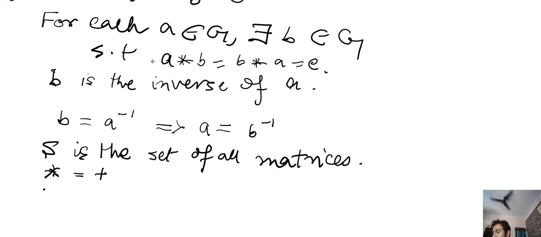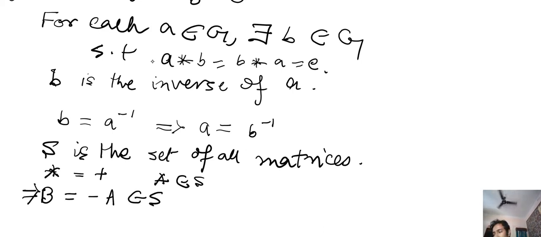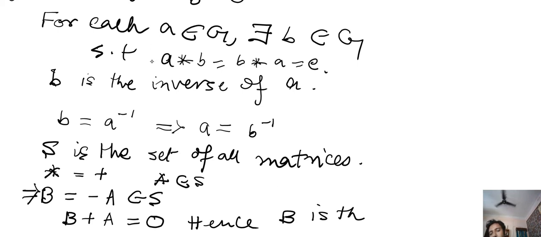Say A belongs to S, then there will be a matrix B equal to minus A, which belongs to S, and B plus A will be the zero matrix. Hence B is the inverse of A.